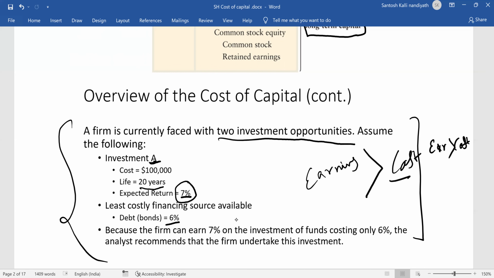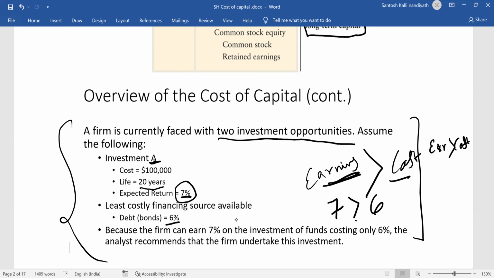Don't put bonds and cost together. See, only this information we have given. We will see the later part, but in general, if you don't know anything and the question is only asking about this much, you will say earning is greater. Earning is how much? 7%. So on 100,000, 7%, you can calculate, or otherwise on 100. So 100 on 100 would be 7, which is greater than the 6.